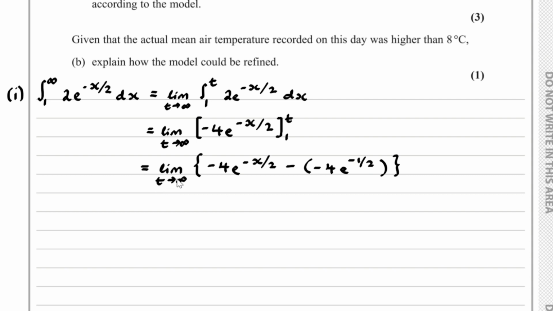And as t tends towards infinity, this tends towards 0. So we have 0, and then we have minus and a minus, which is a plus. And then we have 4e to the power of minus 1/2, which is quite simply 4e to the power of minus 1/2.